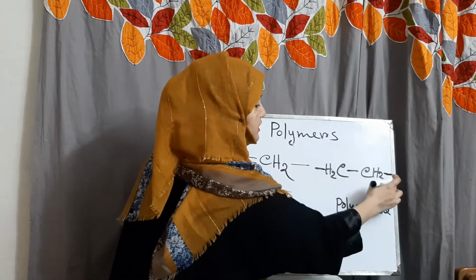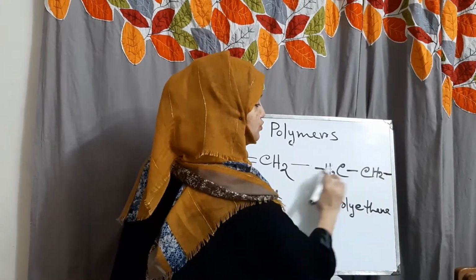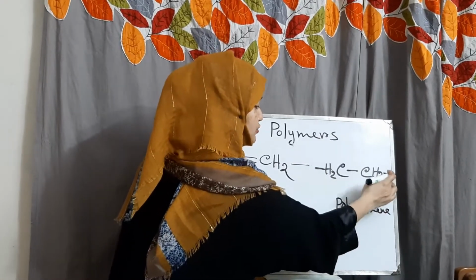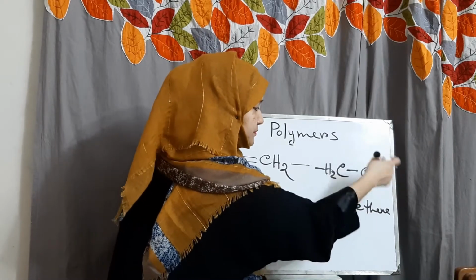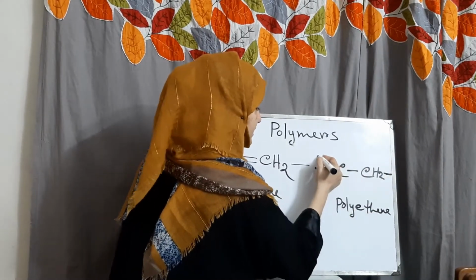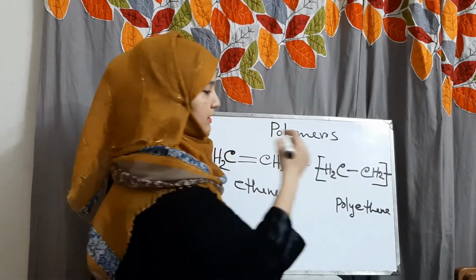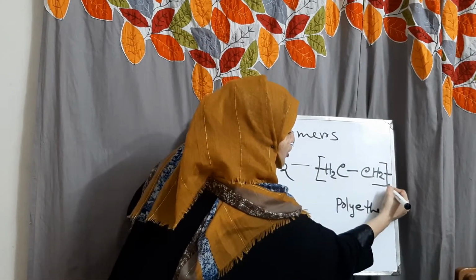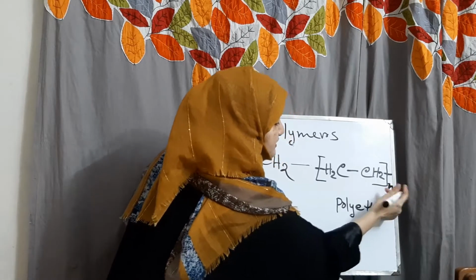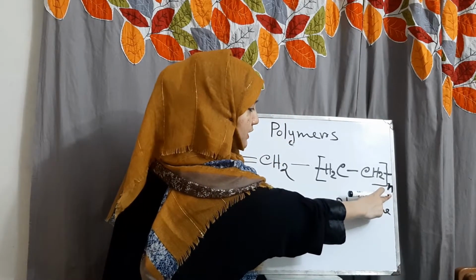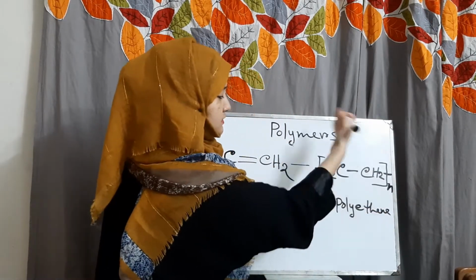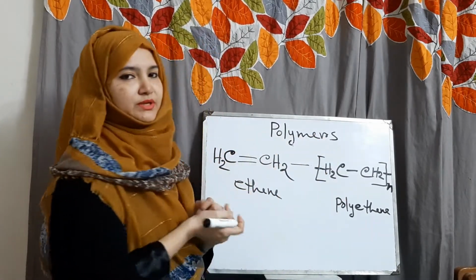Okay, two free hands coming out, that means two bonds are coming out from this unit, and then we have to put a third bracket and put a small n as a subscript. Okay, and this is the polymer unit.